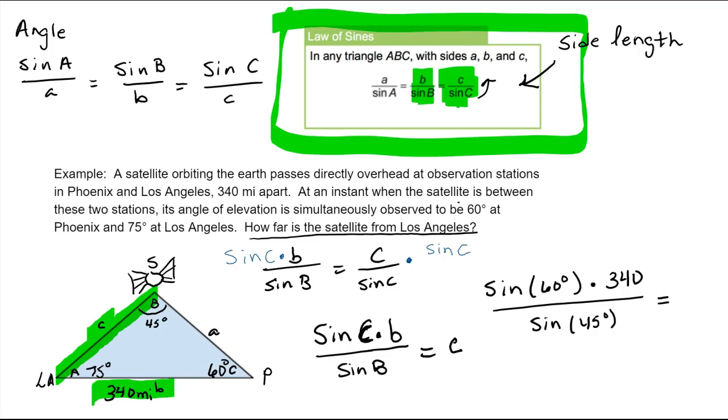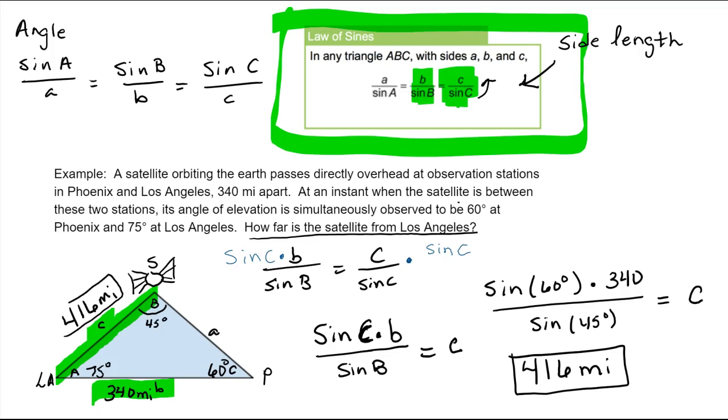And this will be our side length c. And if you plug all of that into the calculator, you find that the satellite is 416 miles from Los Angeles. So there's our answer, 416 miles right there. Okay, so that's one application of the law of sines.